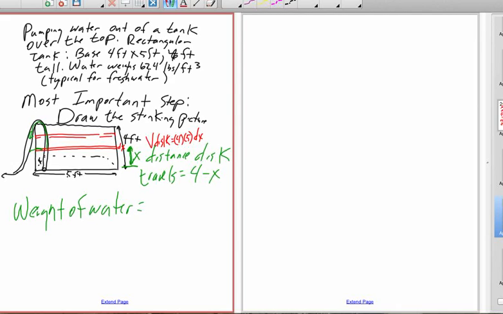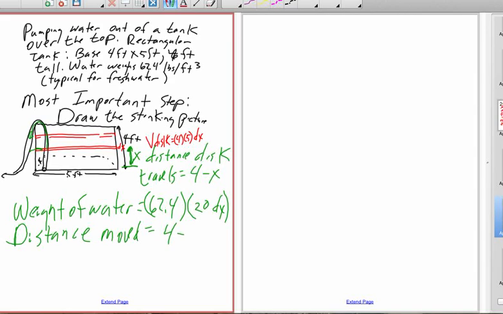That's going to be equal to the 62.4 pounds per cubic foot times my volume, which is 20 dx. So that's my weight. And the distance moved is going to be 4 minus x.